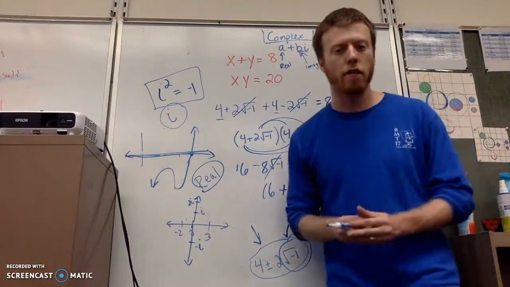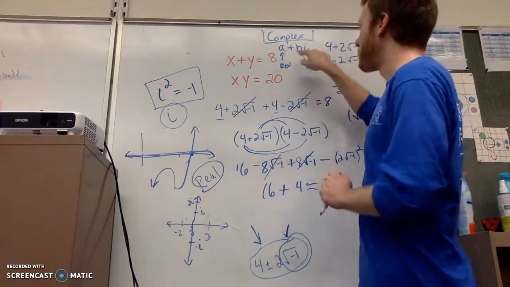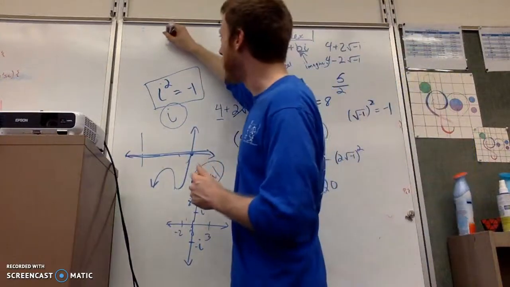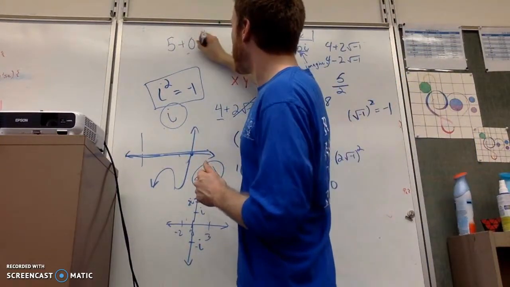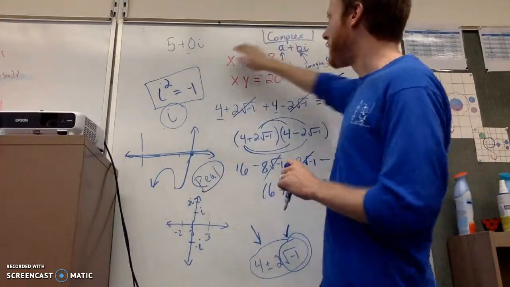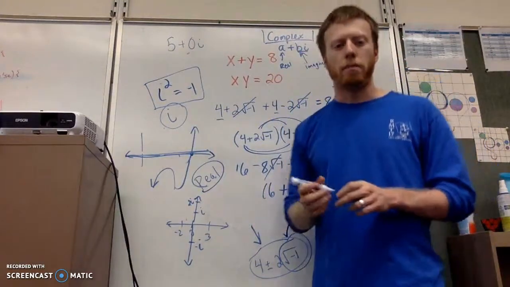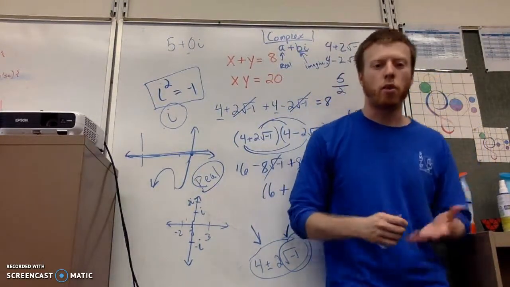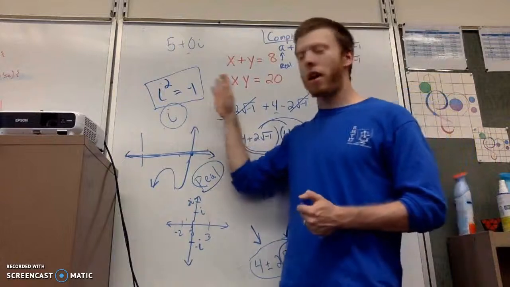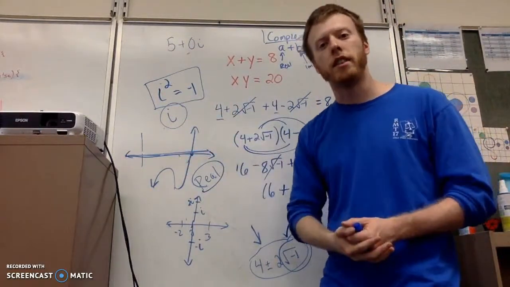I could give you one later, but for all intents and purposes, all complex numbers look like this, because any real number can be written like that. 5 is a complex number because this is a complex number, right? So, hopefully that makes sense to you. It's a very frustrating subject to say, okay, we're talking about imaginary numbers because they feel like they don't exist, but they do exist. They're just not real.